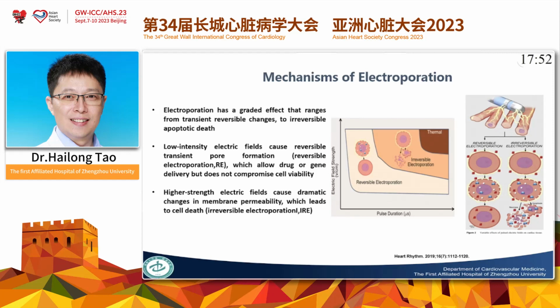We call this IRE. Just like the figure shows, depending on the electric field strength and also the duration, if it is longer, they can cause reversible electroporation and irreversible electroporation. And if it is too strong, the electric field can cause the thermal effect.